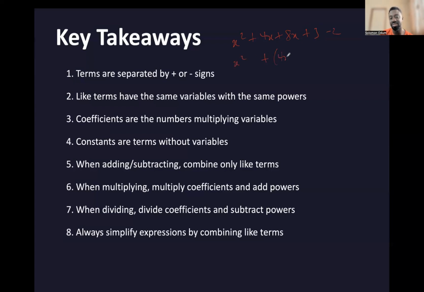Like terms are 4x plus 8x, and 3 minus 2. So we have x squared plus 12x plus 1. This is our final answer, and this is the simplification.